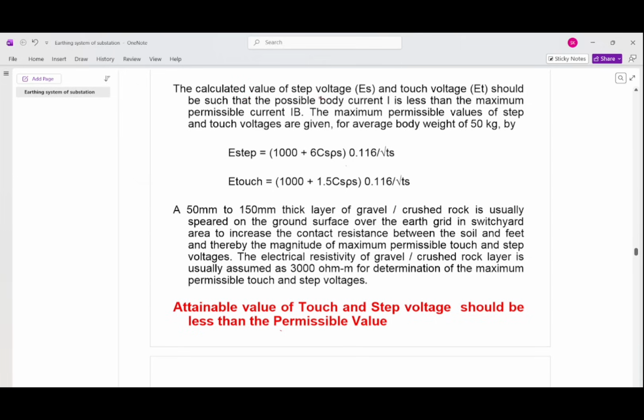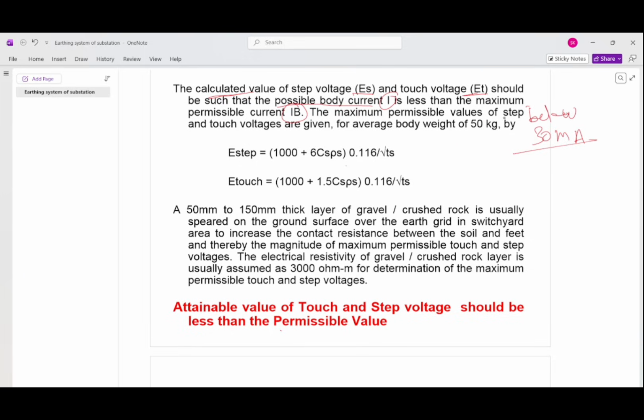The calculated step voltage ES and touch voltage should be such that the possible body current I is less than the maximum permissible body current. The body has some permissible milliamperes; below 30 milliamperes, I think, the body is safe.